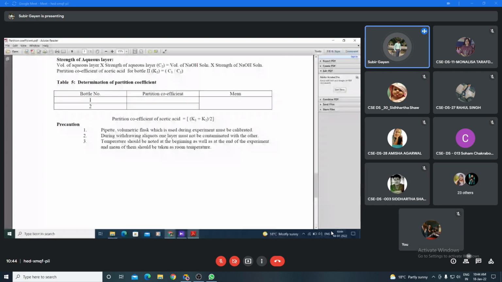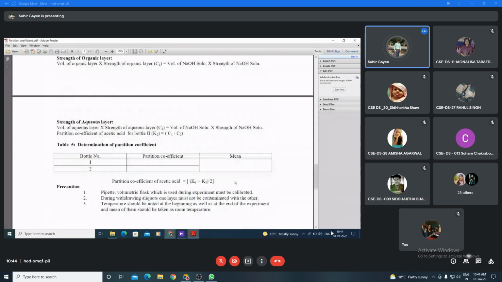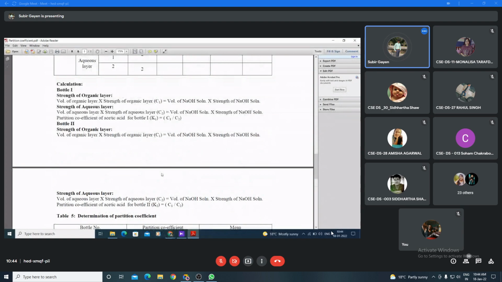Temperature must be noted at the beginning and at the end of the experiment. So you calculate this using this formula, and if you have any problem you can ask on WhatsApp or you can call me anytime.